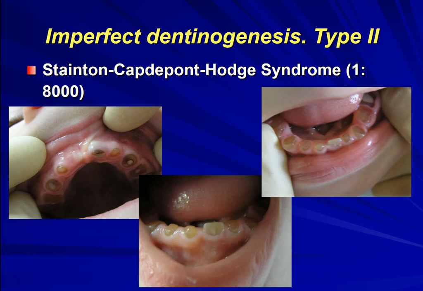This slide also demonstrated imperfect dentinogenesis, the second type, Stanton and Kapdepon-Hodge syndrome.